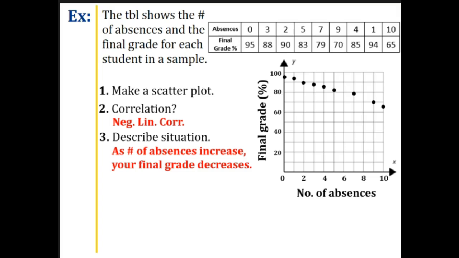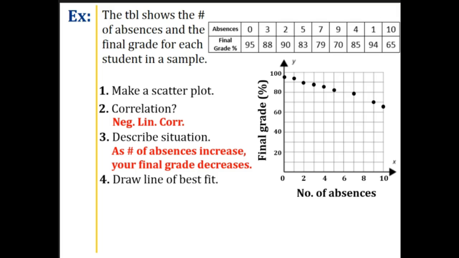Do we see the correlation there? Okay. So now we're going to draw a line of best fit. Now remember, where does it cross y? When x is 0, what is your y? Looking at our graph, these are our absences.